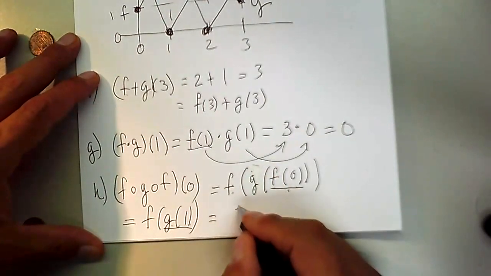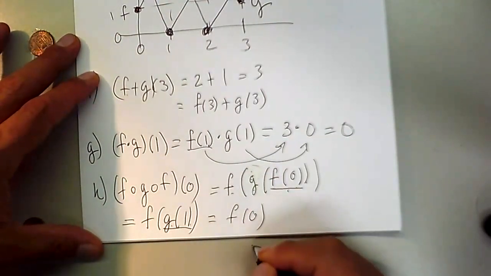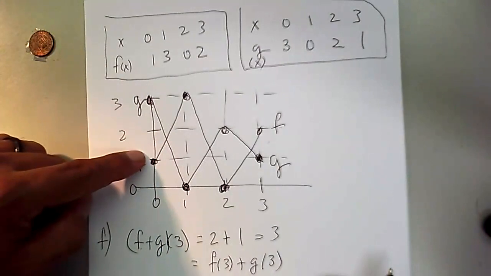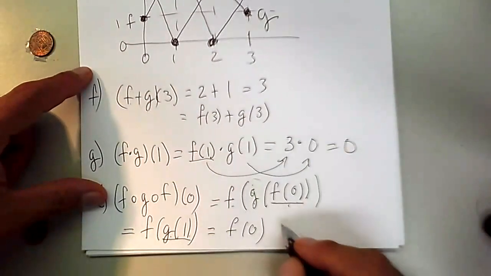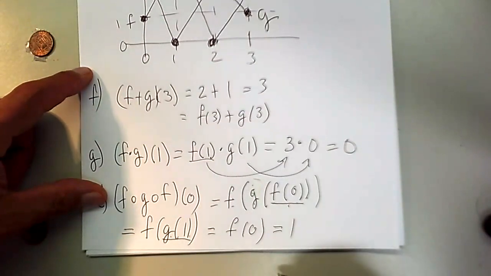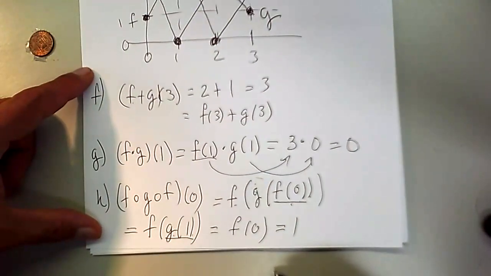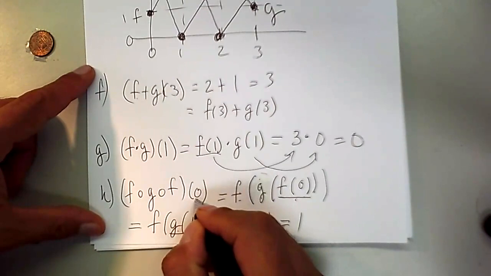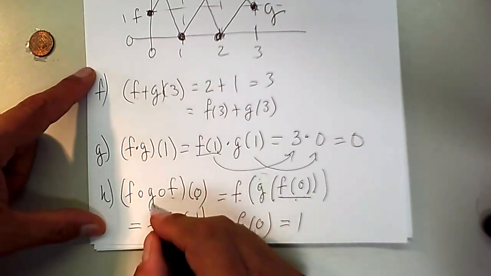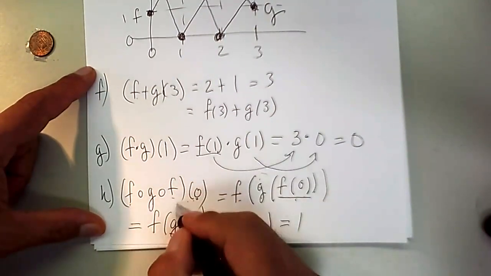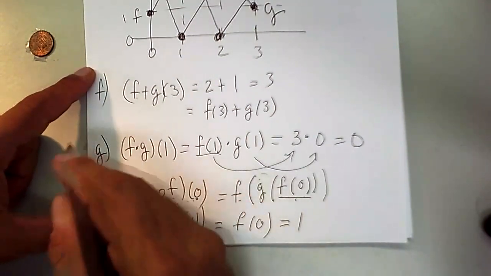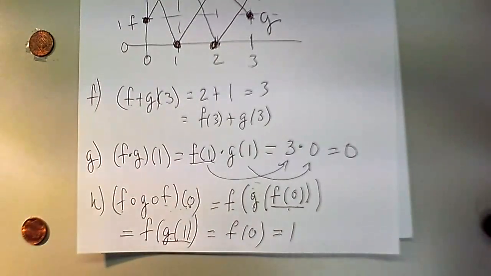So we're really doing F of 0. F of 0 is 1. So that's the way we go about it. We figure out F of 0, whatever the answer is, G of that answer, and whatever G of that answer is, we do F of that answer. So these are 3 steps we have to go through.